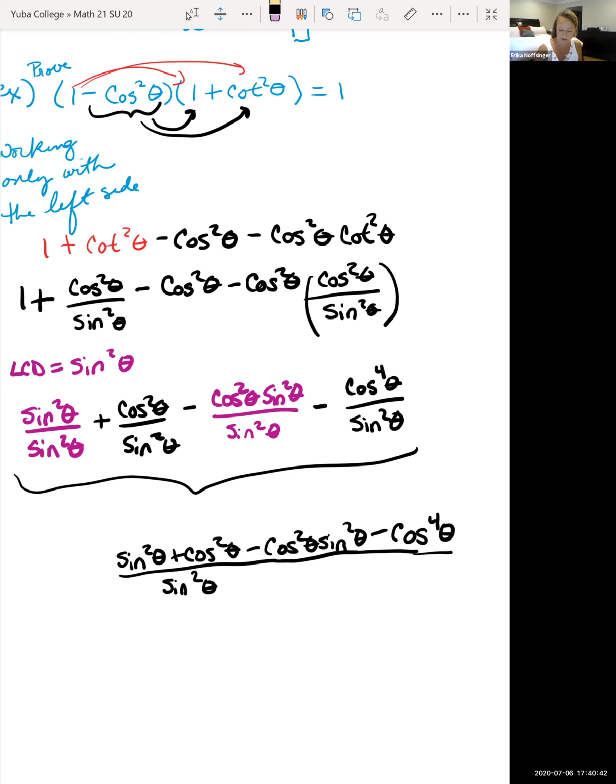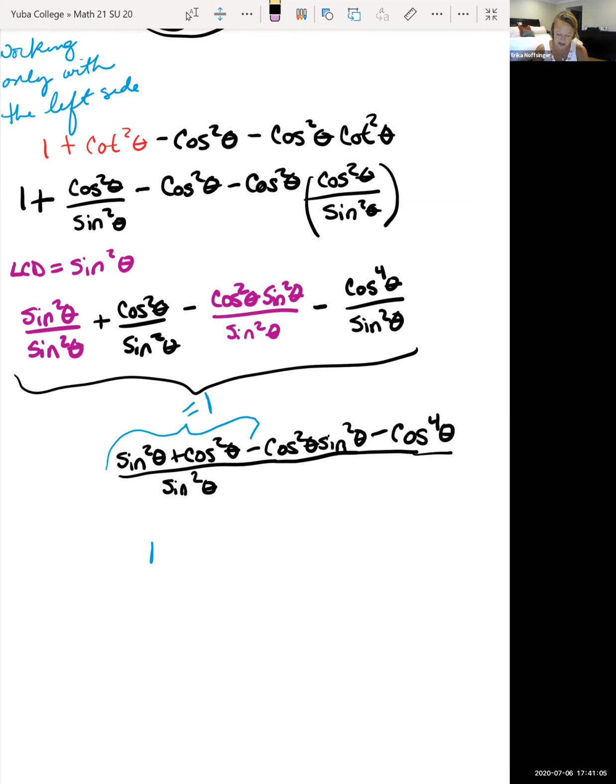Okay, some red flags come out because I have a sine squared plus a cosine squared, and I know that this is equal to 1. So let's rewrite that as 1.